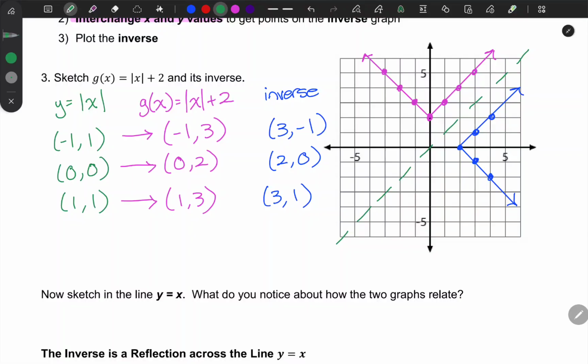If you imagine folding the graph over the line y equals x, can you see how the graph and its inverse would be laying on top of each other? We can say that y equals x is like a mirror for the graph and its inverse.